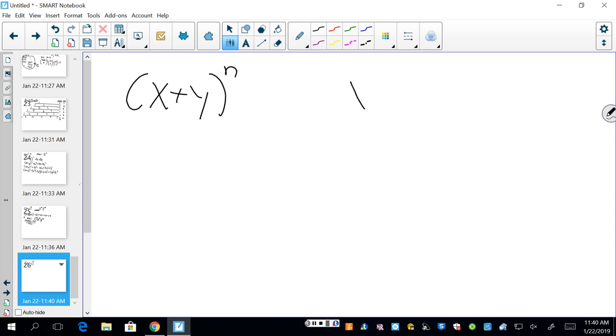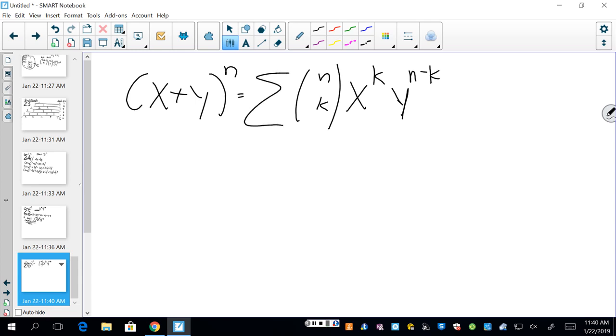There's an x to the k term, and then there's a y to the n minus k term. And this configuration is going to happen n choose k ways, but we're adding over all these different values of k going from 0 to n. So x plus y to the n is equivalent to this.